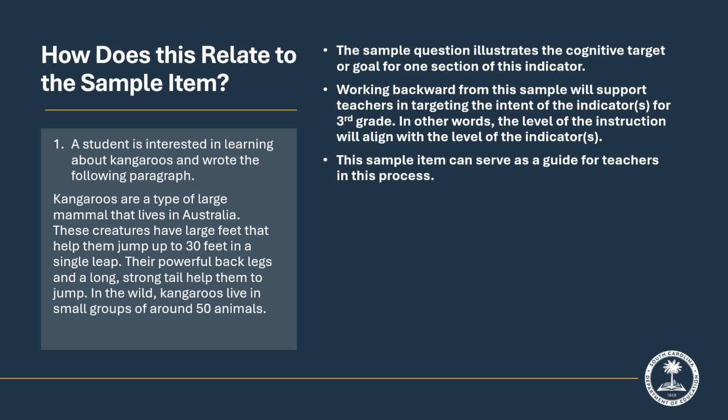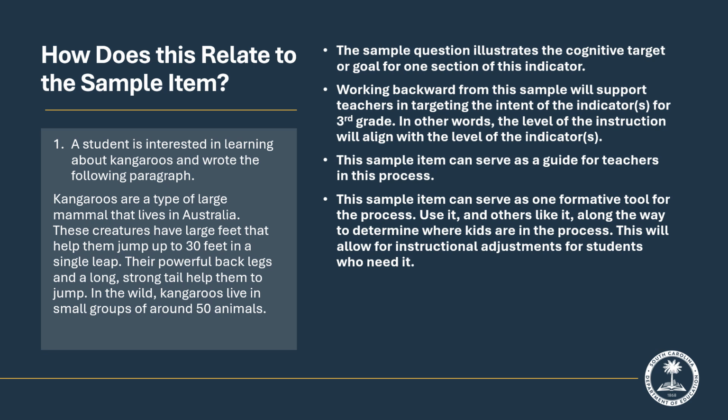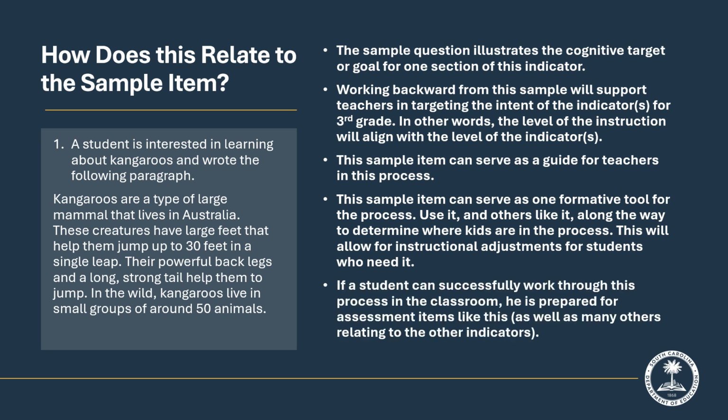However, if we teach the research process, students will learn how to apply the skills in this indicator and in others. This also allows students to see that research is not an isolated skill. It requires reading and writing. If a student can successfully work through the process, then a test question like this one won't be difficult.